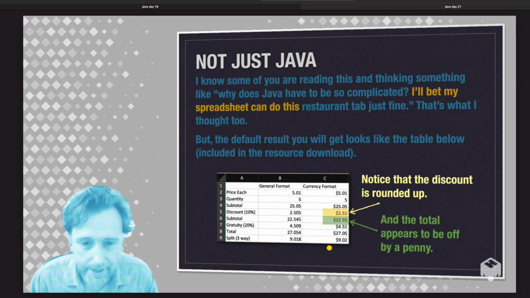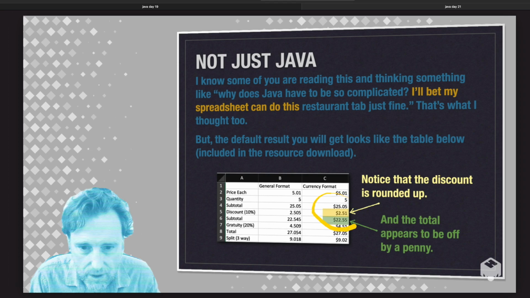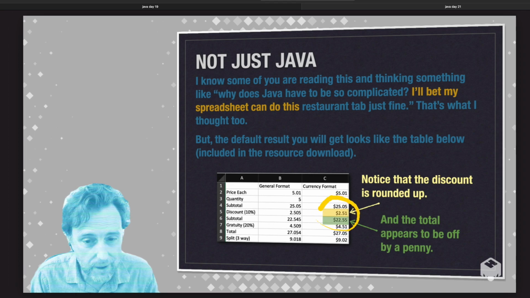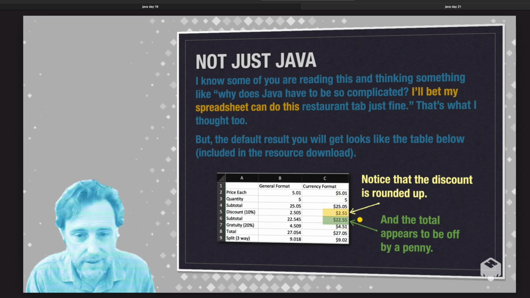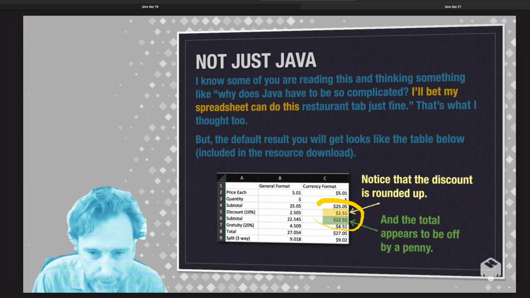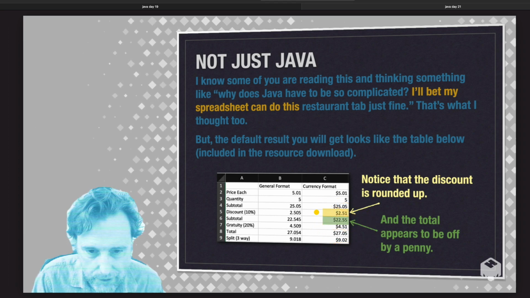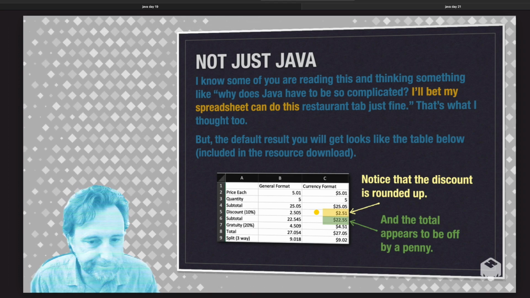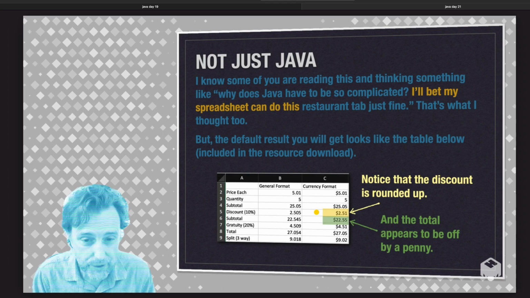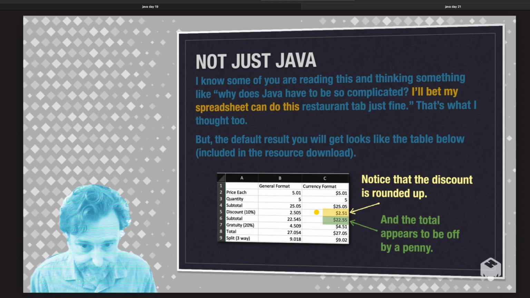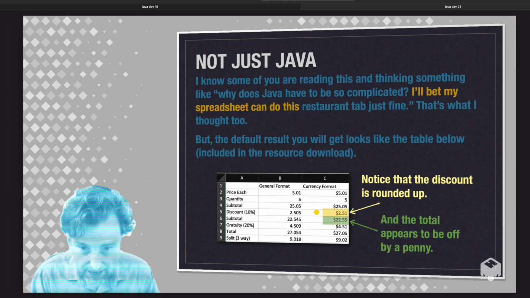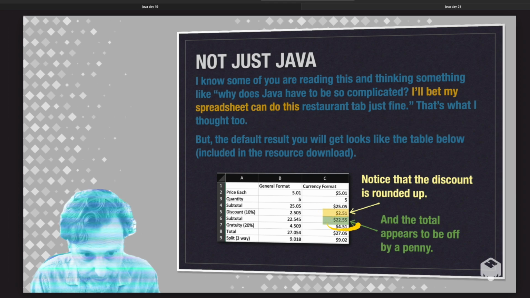So this is what I got. And you'll notice in the results, formatted as currency using Excel's own methods, own functions, I get this apparent error. Excel has the discount as 251, which we know from looking at the numbers under the hood, it should not be. It did not use banker's rounding. It rounded up. It did half up. And then to make matters worse, when it took the discount off the subtotal, it's off by a penny.